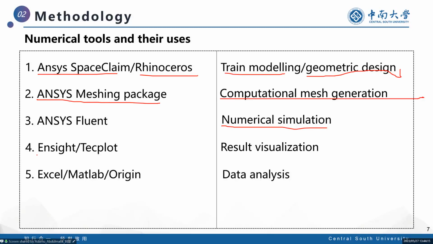Number four is the tool for visualization. These can be either CFD-Post or Tecplot. These are other software that we can use to visualize our result after simulation. And in number five, the data analytic tools, which include Excel, MATLAB, and Origin.